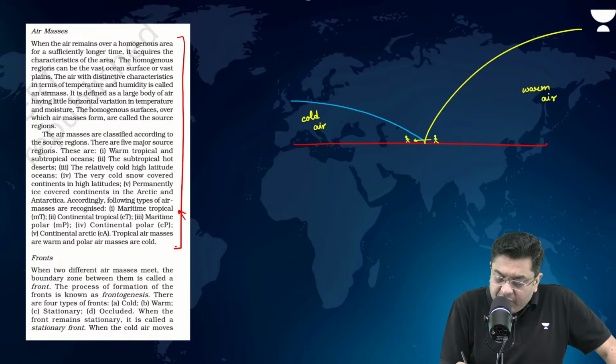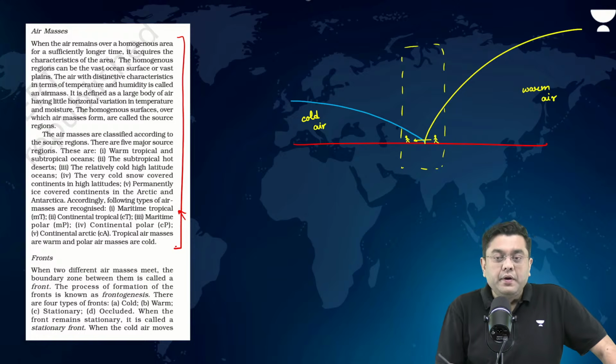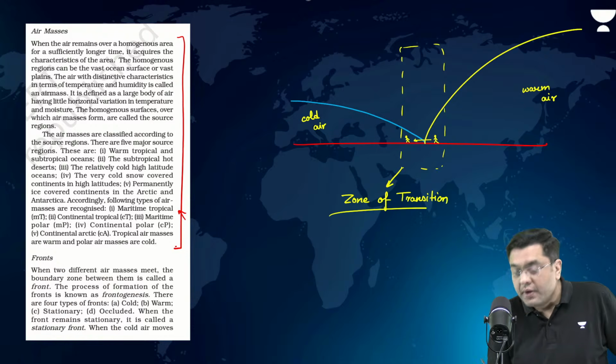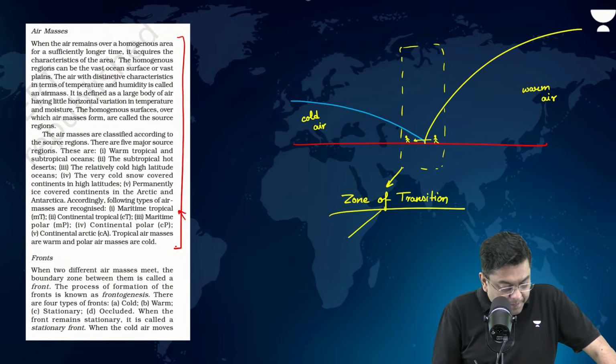So when you talk about this entirety of the region, what is this? This is what is known as a zone of transition. Now, this zone of transition is referred to as a front.